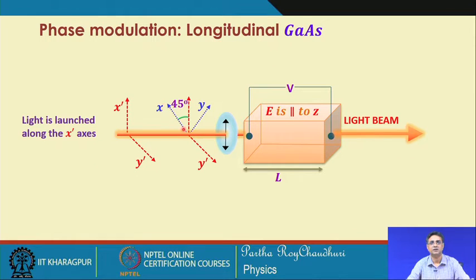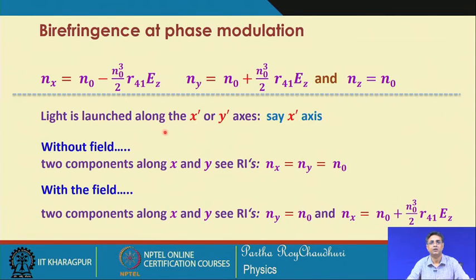They are at 90 degrees to each other, two orthogonal components, but both of them, this x and y polarized light, will see the same refractive index in absence of any field. So, there is no birefringence, there is no phase delay, but there will be a phase which will be carried over because of the length of travel along the crystal.